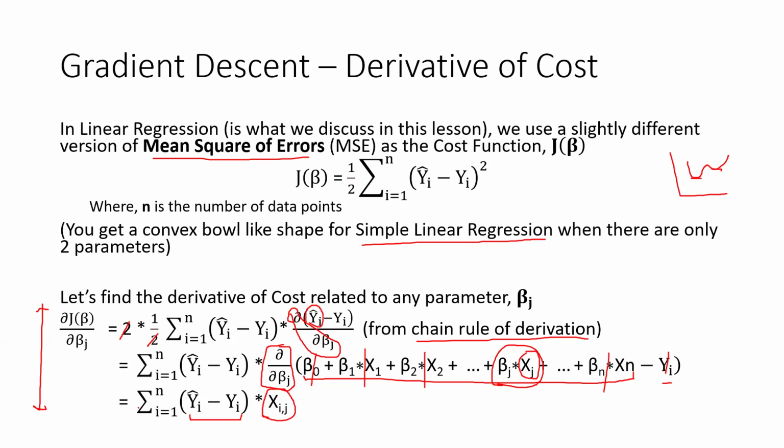And then we add for all the n data points. And this is the partial derivative of the cost function with respect to that particular parameter, right?